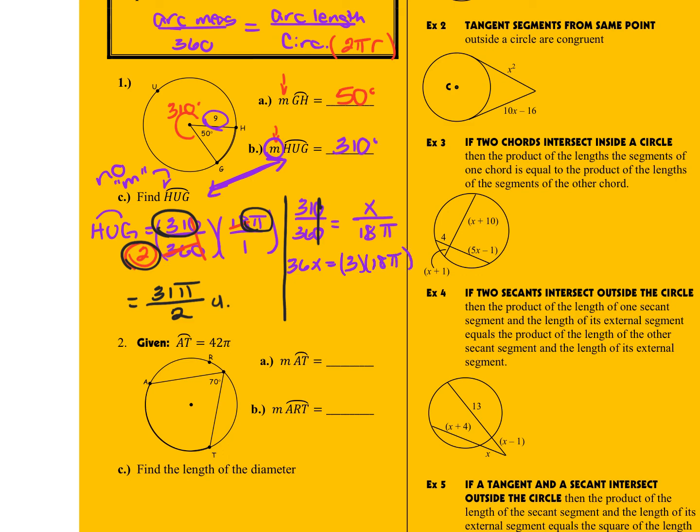It's going to be easier if you leave it that way. I'm going to divide both sides by 36. Cancel, cancel. This will cancel. And I just realized I didn't write that 1. Let's fix that. Make sure that you've got a 31 here and not just a 3. And sure enough, we get the exact same answer here for the arc length of 31 pi over 2. So same answer no matter which method that you do.